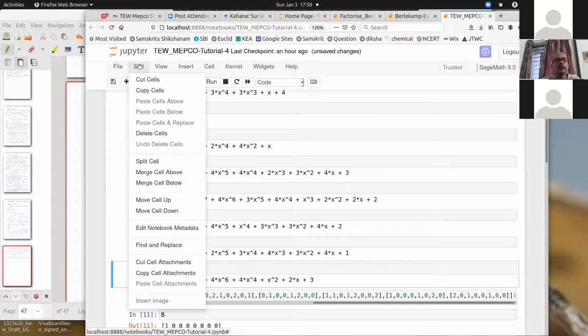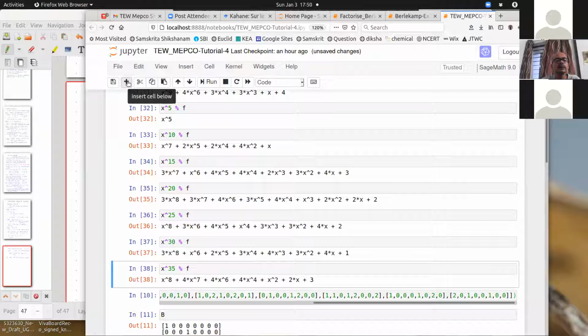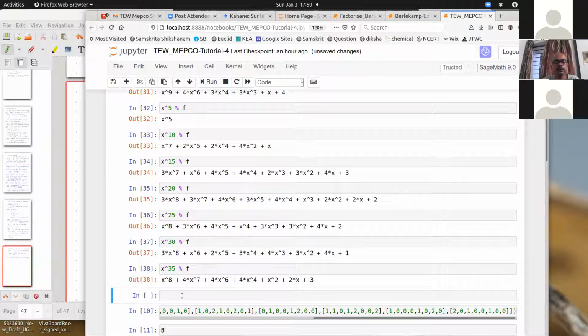I think I can add a cell here. So did I cover all the powers? Start from x to the 0, then x to the 5, x to the 10, 15, 20, 25, 30, 35, and 40.